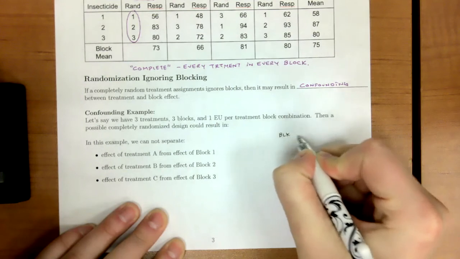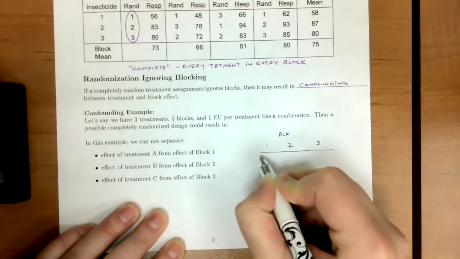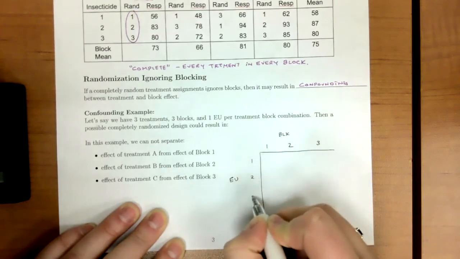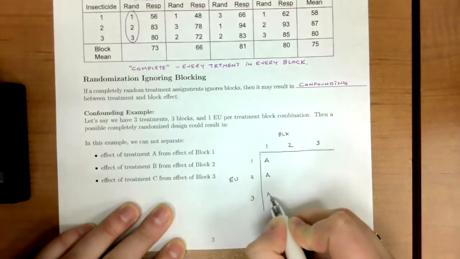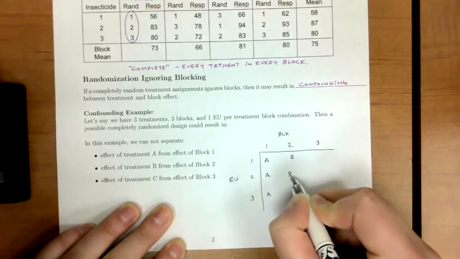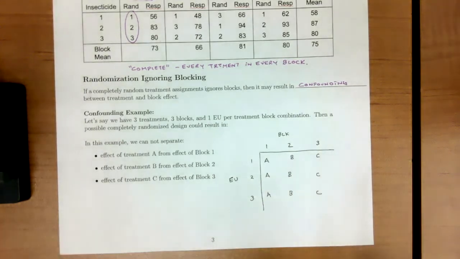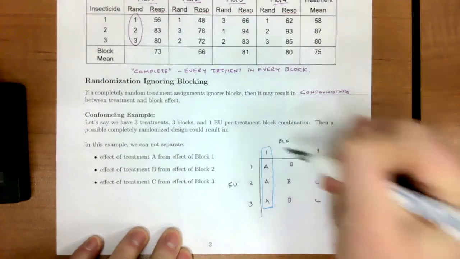So we have block 1, 2, 3. Then we have our EU 1, 2, 3. And let's say treatment A, treatment B, and treatment C. We could get something that looks like this if we don't randomize the treatments within the block. So again, here's block 1.